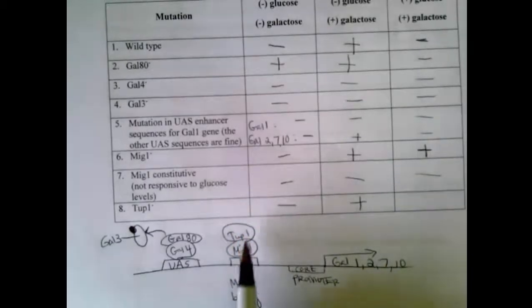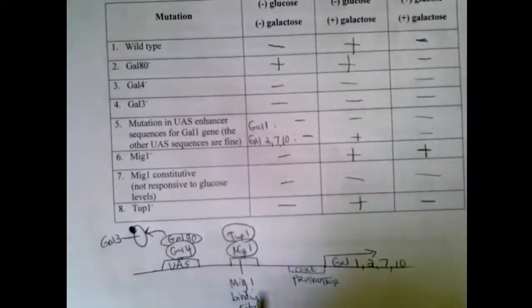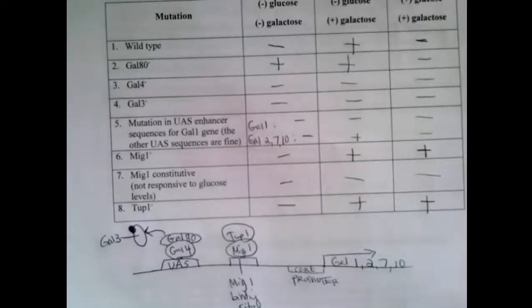The presence of glucose does not result in the dominant kind of turning off of these genes, and so it would be positive there as well. It wouldn't be able to inhibit what's happening with GAL4 because we don't have recruitment of this co-repressor.